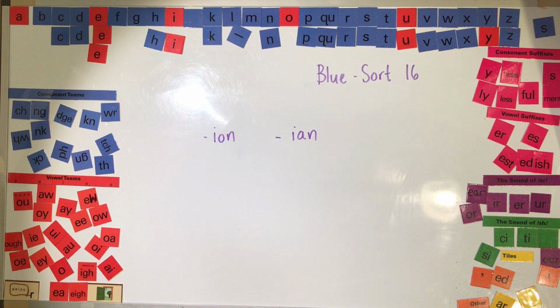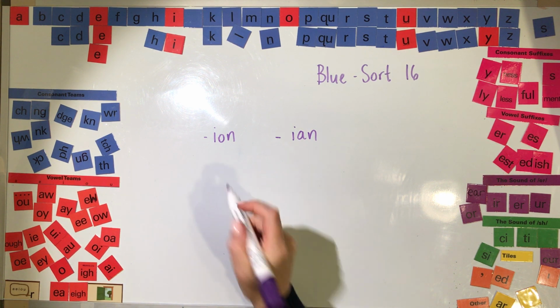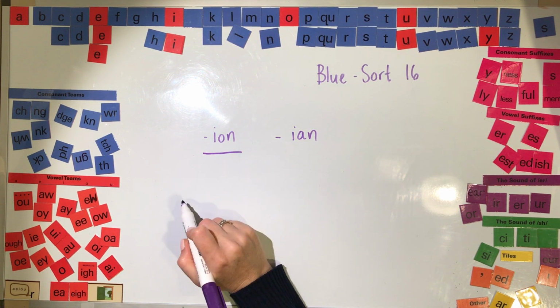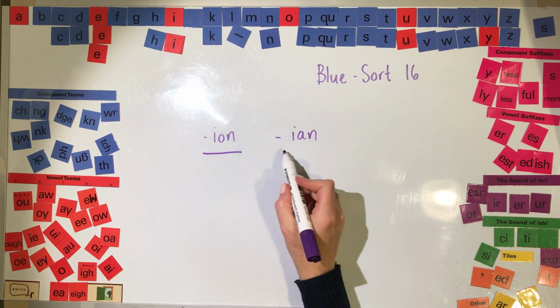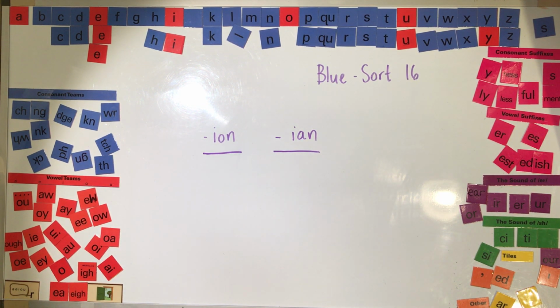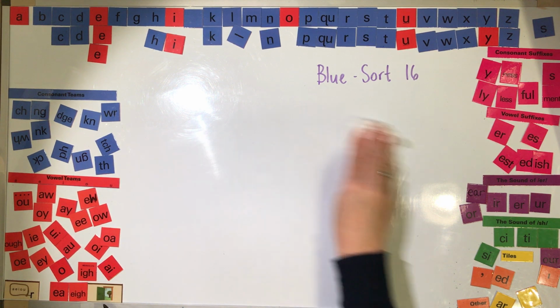So hopefully you can remember that ION turns words into the result of doing the verb, and IAN turns words into the special person that does that thing. Okay, so we're going to be zoning in on ION today, because there's actually some interesting things that happen with ION.